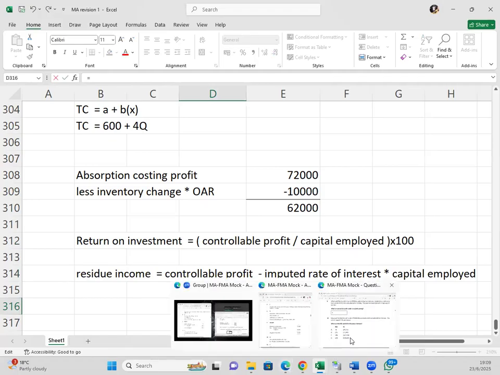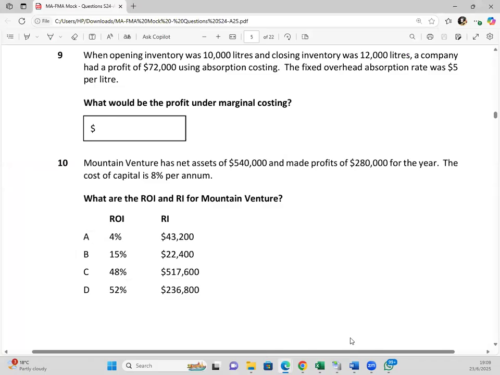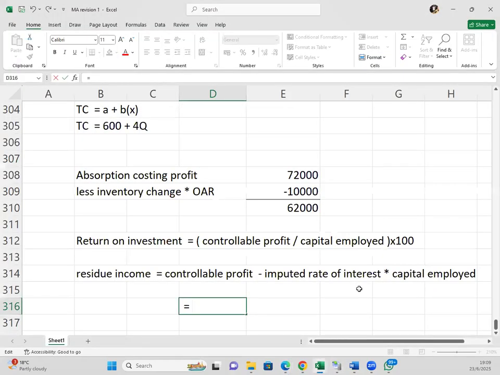Let's check which profit we are given. We are just given profit of 280,000. And the net assets are equivalent to the capital employed. So that's 280,000 over 540,000. This one is a percentage, so multiply by 100.